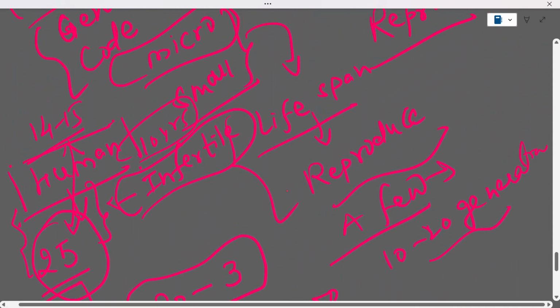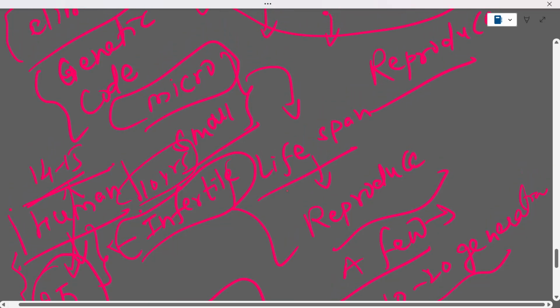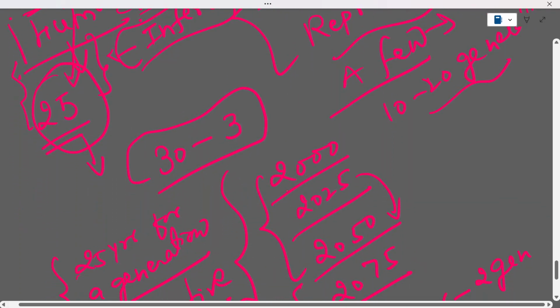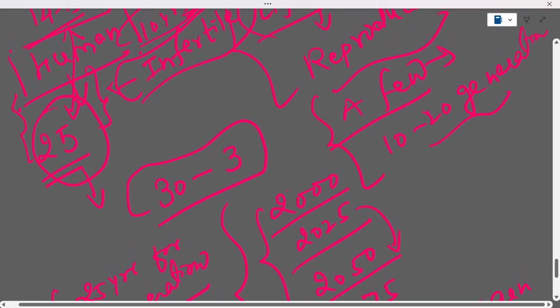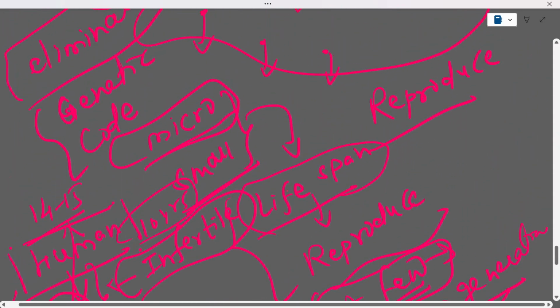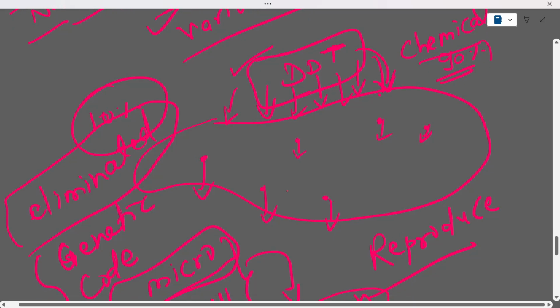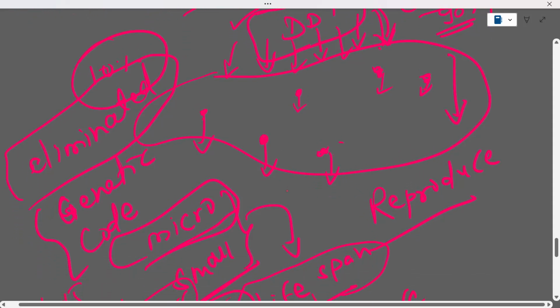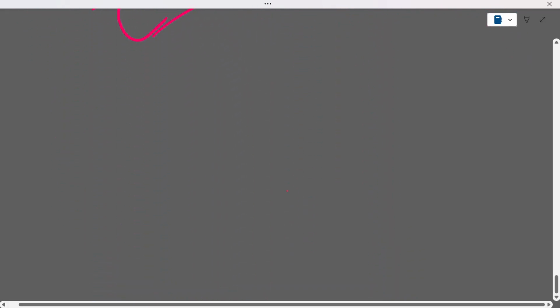But the species which are on the micro scale or small scale have a very short reproductive span. So they may be able to produce 10 to 20 generations in a few days. By this, the pool of the remaining survivors of DDT exposure are going to reproduce, and in a few days this pool will be filled up again.